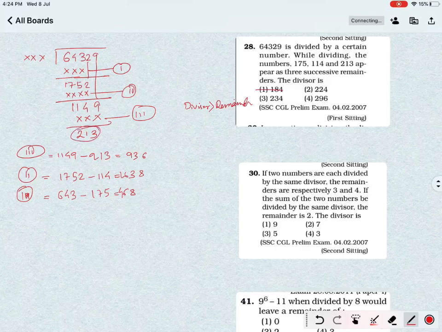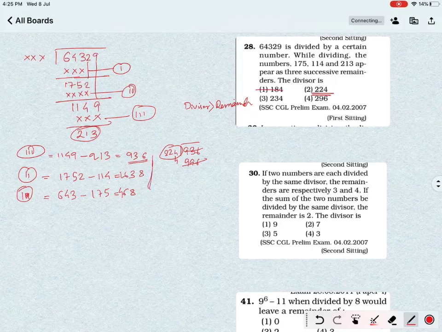So your remainder is 213. 184 is not greater than 213, therefore it is cancelled. Now second comes 224. You check whether 224 is divisible by any of these numbers. 224 is not a multiple of these 3 numbers.